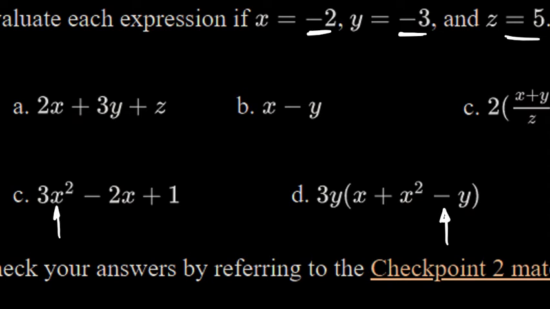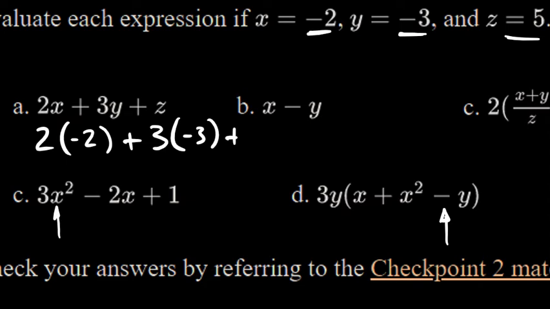So A, we've got 2 times x. Playing the part of x is the number negative 2, plus 3 times y. Y, it says up there, is negative 3. And then finally we're going to add to that z, which is the number 5. 2 times negative 2 would be a negative 4.